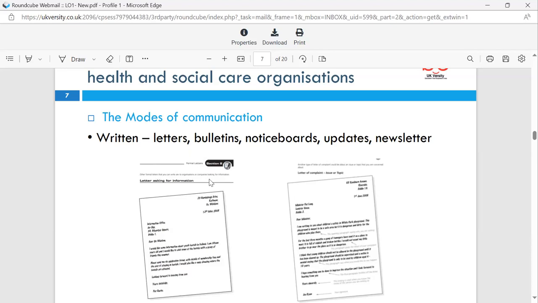If you're talking about modes of communication, you've got things like letters, bulletins, notice boards, updates, newsletters. These are important because they update the person, not just a patient, but they update you as an individual on any new medications, any new sessions, any forums, any news about what's going on in the health and care profession, any changes to the laws or anything.